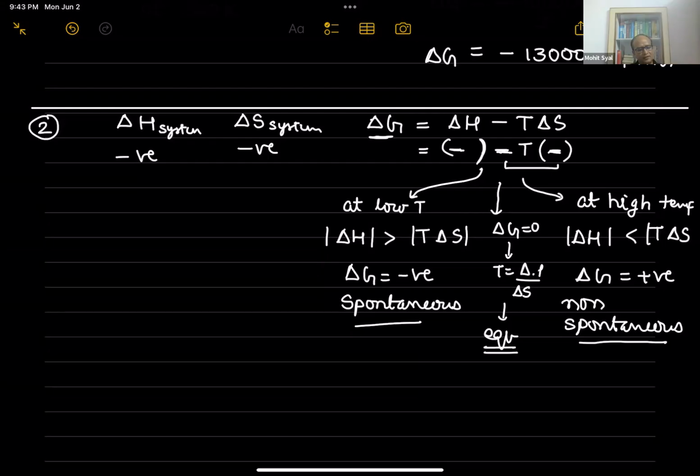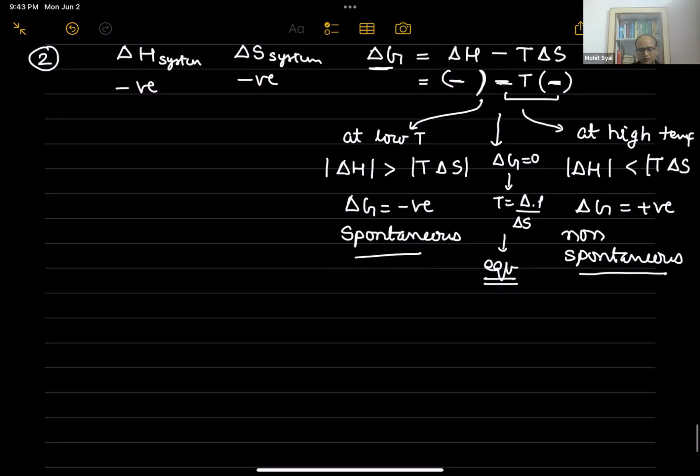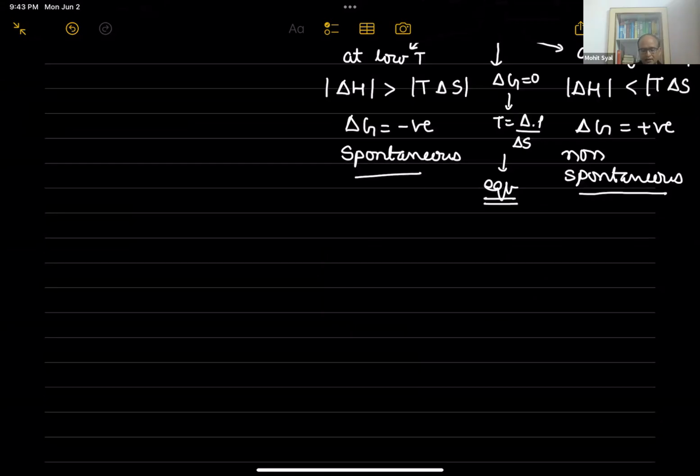Yes, it's clear. Let's take another case. What happens if the enthalpy change for the reaction is positive and the entropy change is negative?